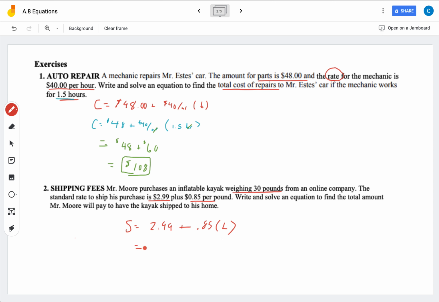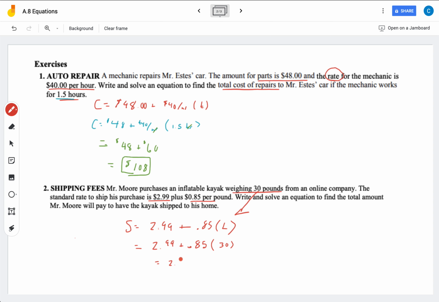So when I fill this in, I already know 2.99 plus 0.85 times the weight, which is 30. So this equals 0.85 times 30 is 25.50.